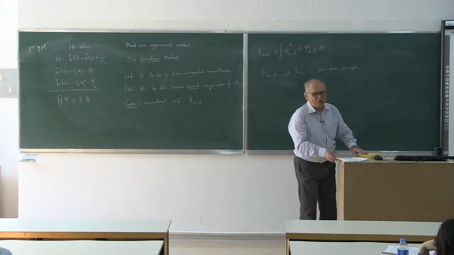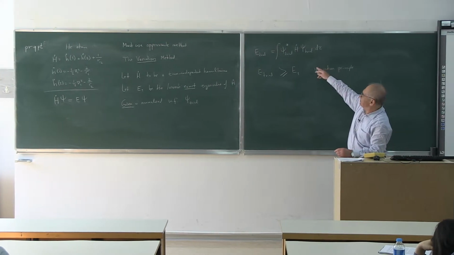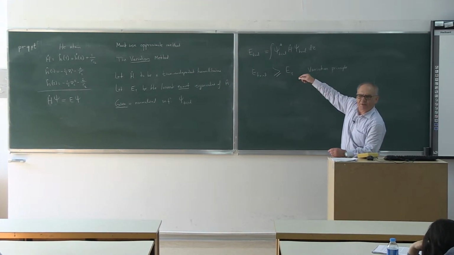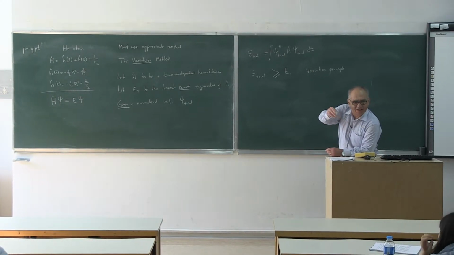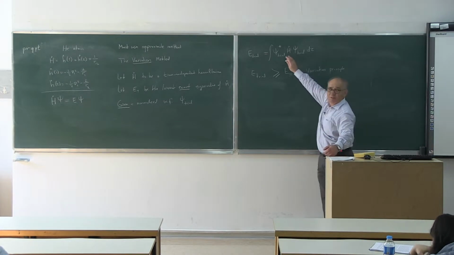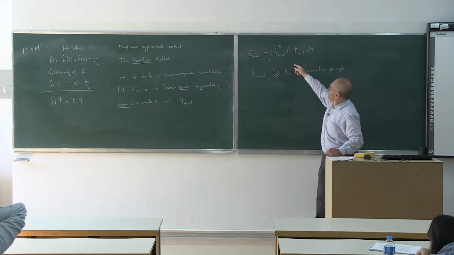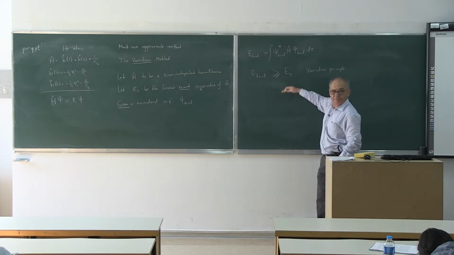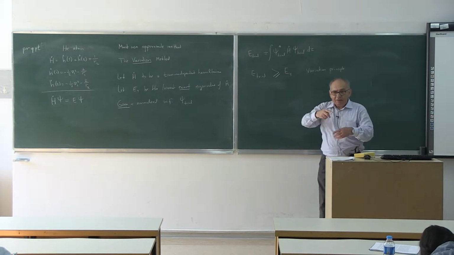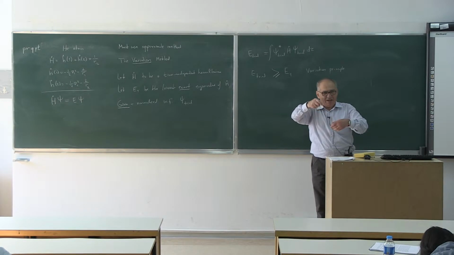So the procedure goes like this. We write down explicit expressions for psi trial. In other words, we try to guess psi trial. We substitute in this expression and do the integration. We find a value for E trial. We know that this value is going to be larger than the true value. Then we try to find a better psi trial.